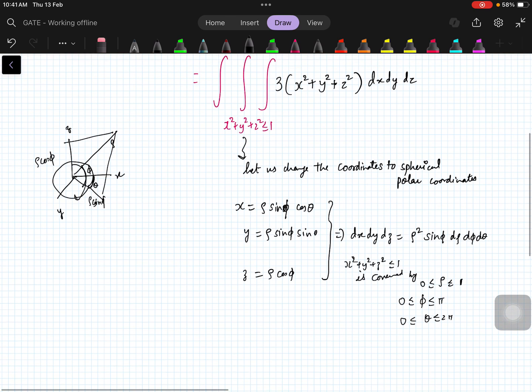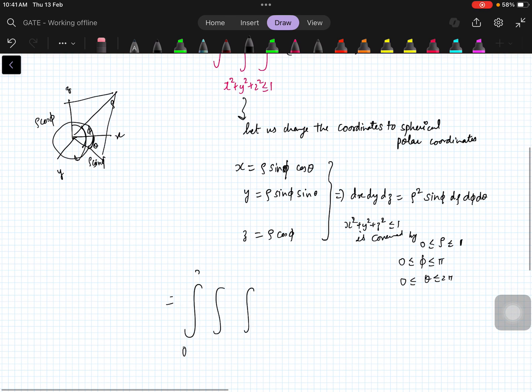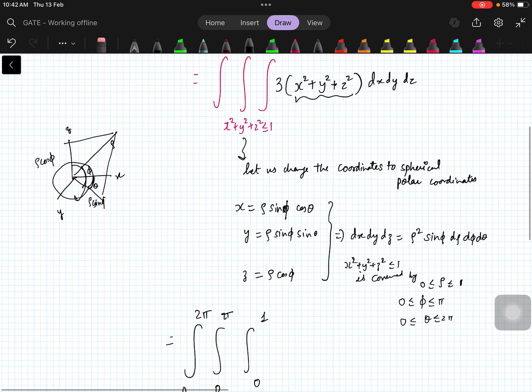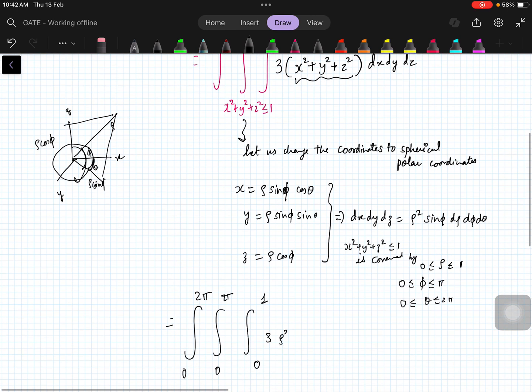So you can do that here. The limits of theta are 0 to 2 pi, of phi 0 to pi, of rho 0 to 1, and x square plus y square plus z square becomes rho square, and in place of the volume element I write rho square sine phi d rho d phi d theta.